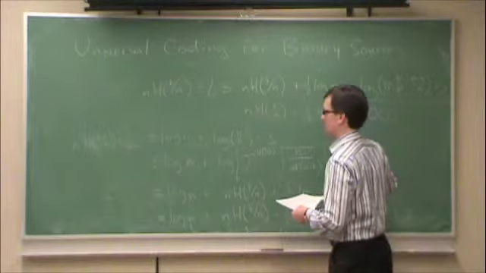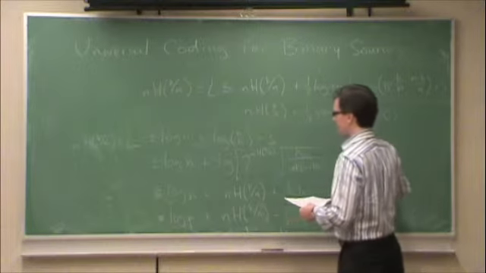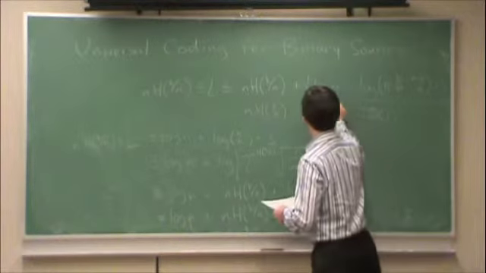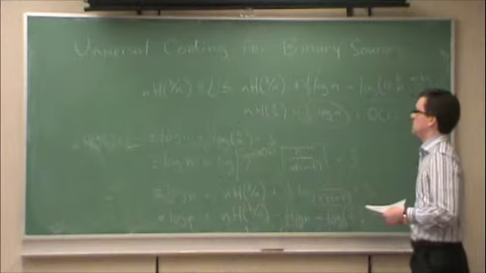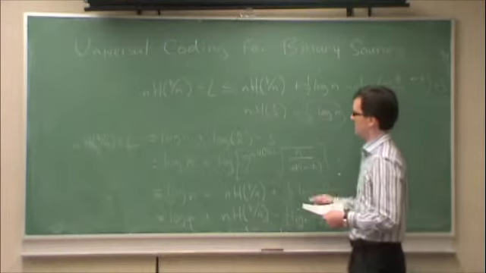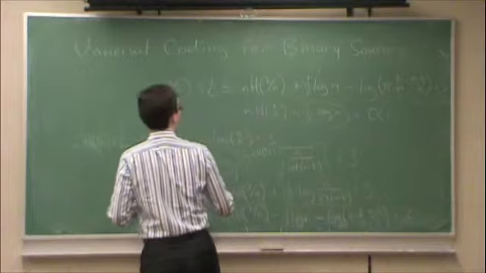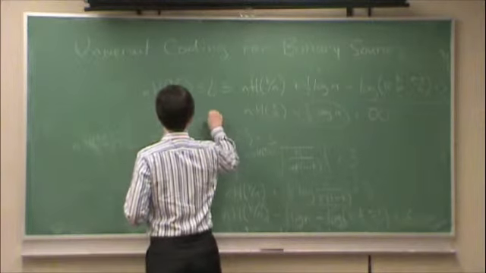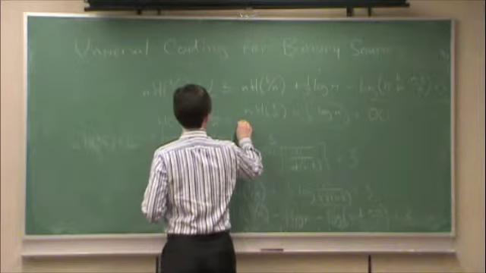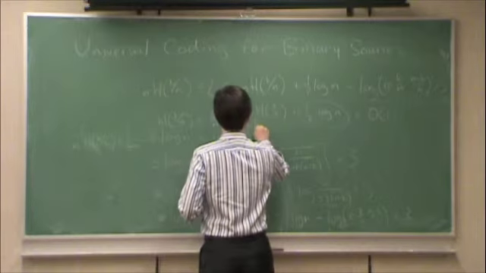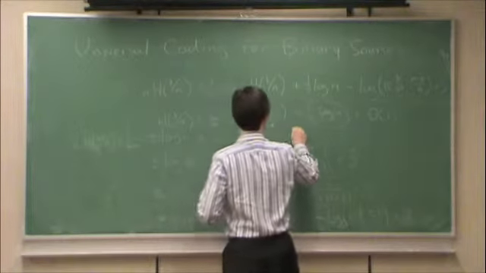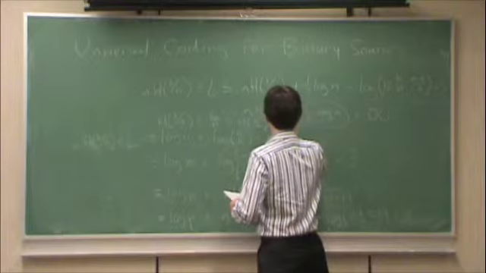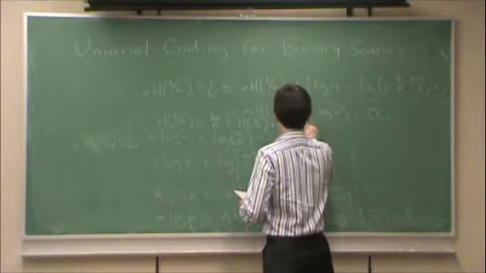In other words, the total cost of encoding is log n. So per source letter, if I divide throughout by n, I have h(k/n) less than or equal to L over n less than or equal to h(k/n) plus 1 over 2n log n.